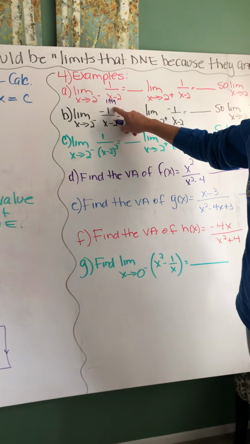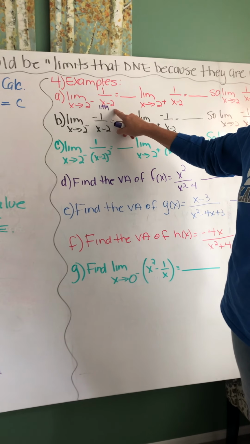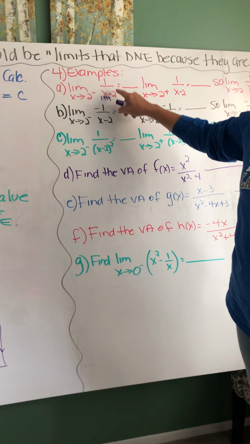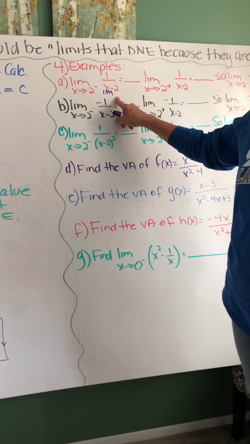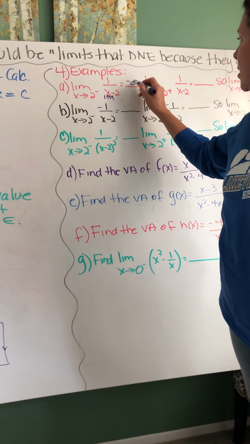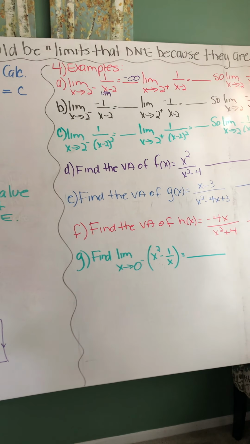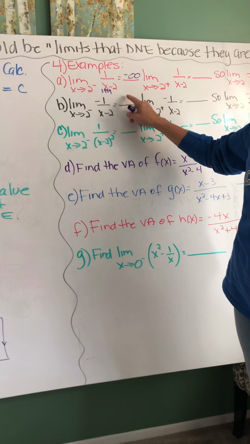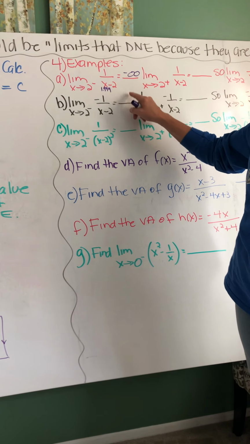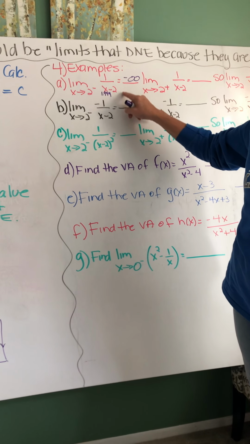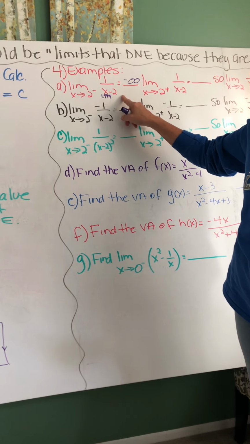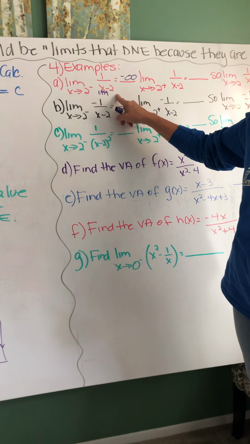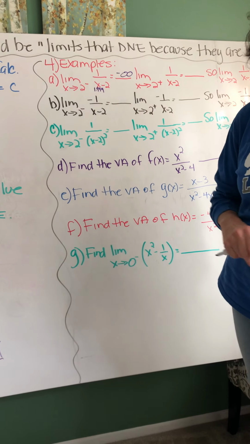Notice in the denominator here, 1.999 minus 2 is a very small negative number. 1 divided by a very small negative number approaches negative infinity. Again, just imagine that instead of 1.999, I put 1.999999999 minus 2. Notice I would have 1 divided by an infinitely small negative number, and 1 divided by a number very close to 0 and negative is negative infinity.